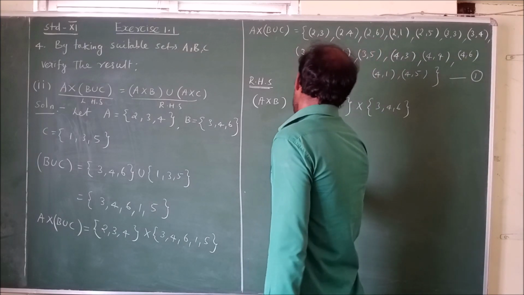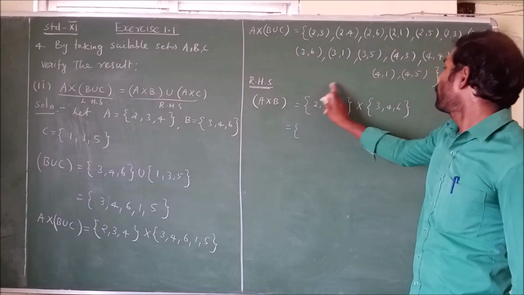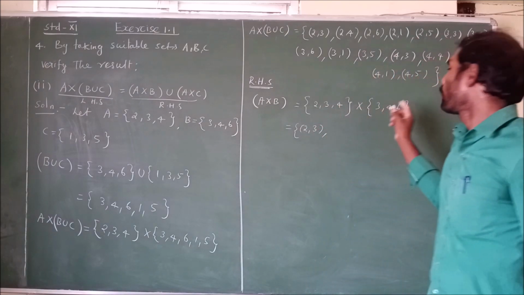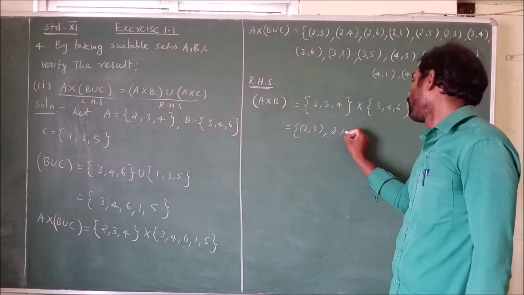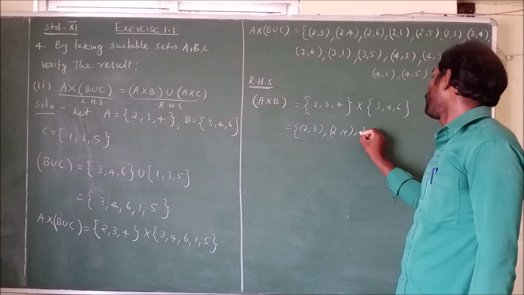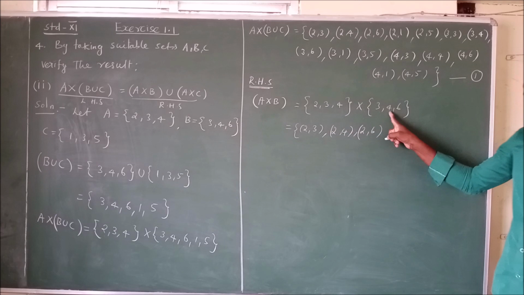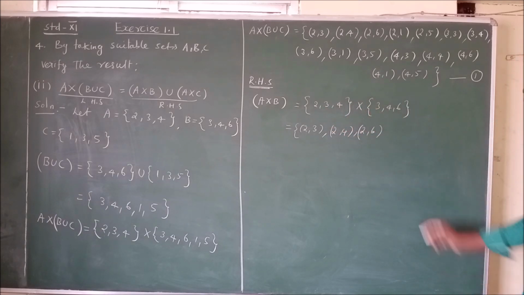Using the Cartesian product, 2 into 3, so 2 comma 3 is the first pair, 2 comma 4 the second pair, 2 comma 6 the third pair.